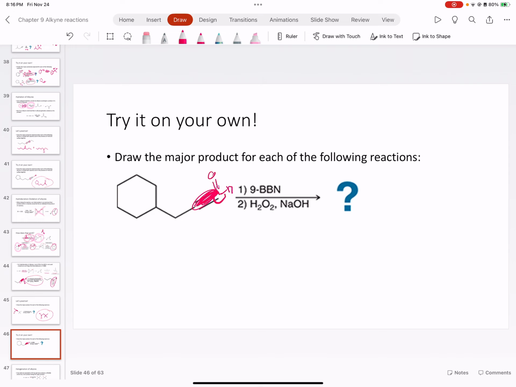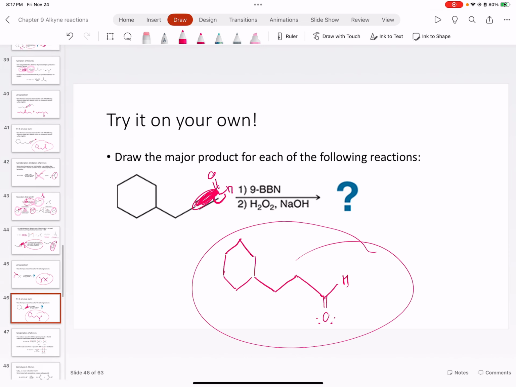And then we're going to be creating a ketone, right? And this will be our final answer for this one.